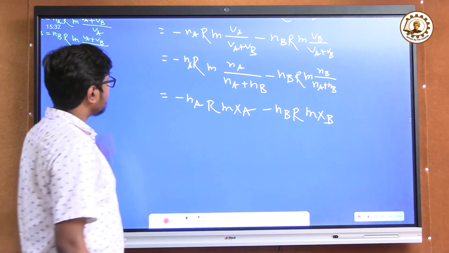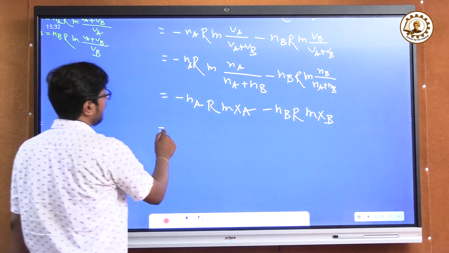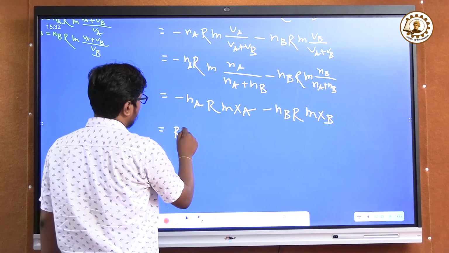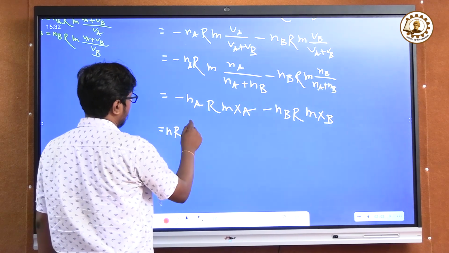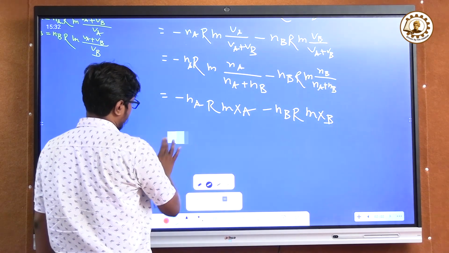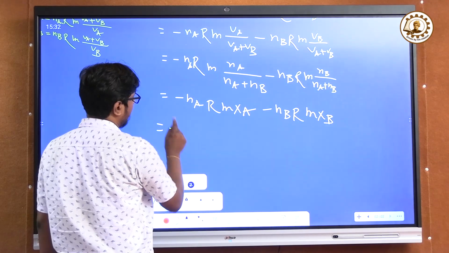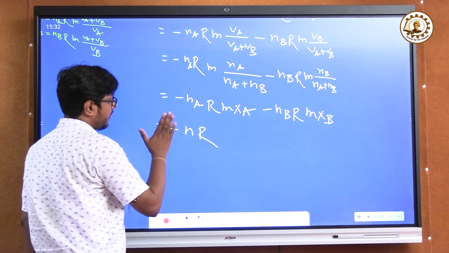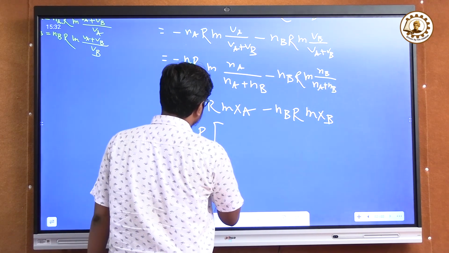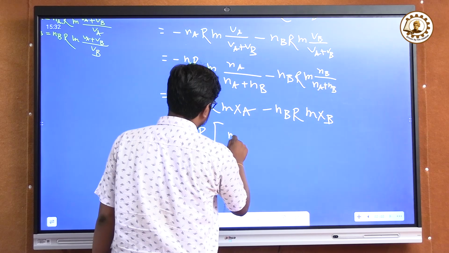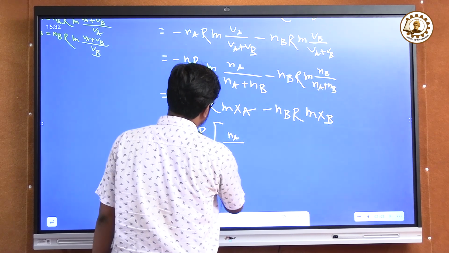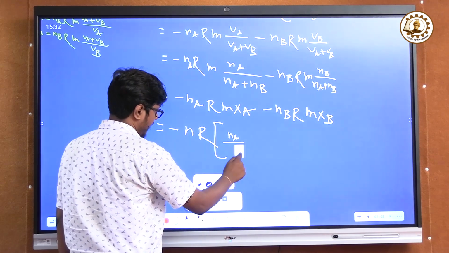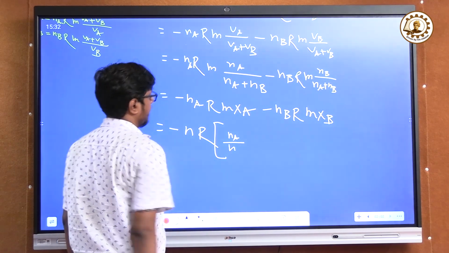Now R will be common, and you multiply by n. First take the minus and R common, and as it is multiplied by n, it will also be divided by n.